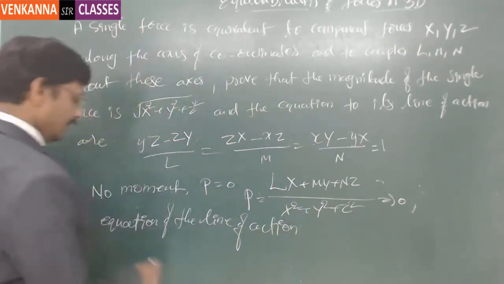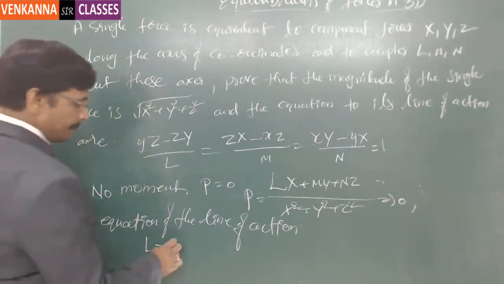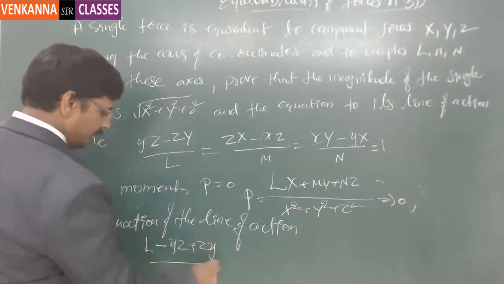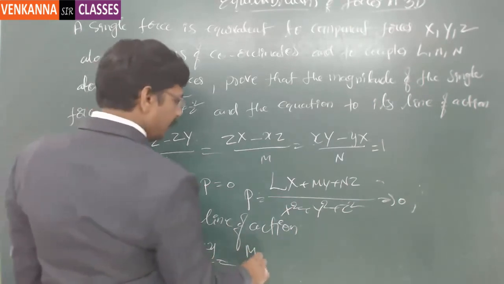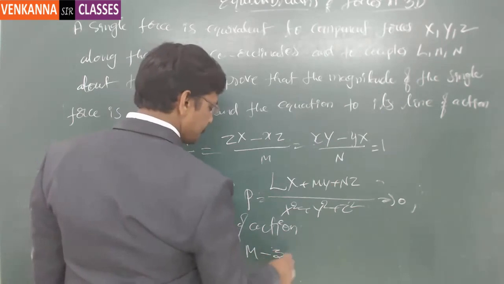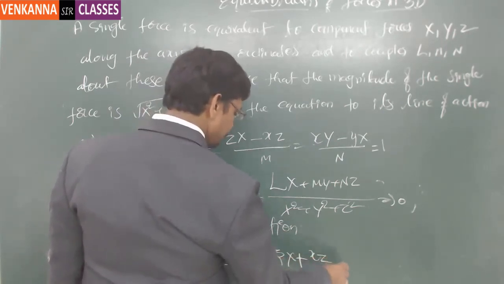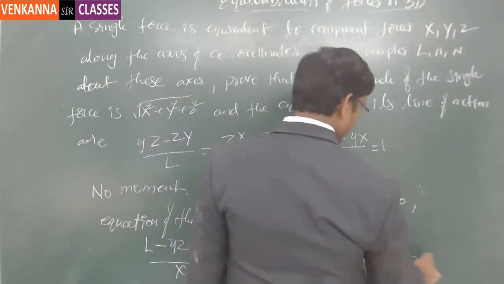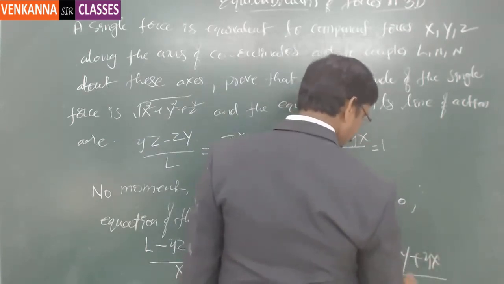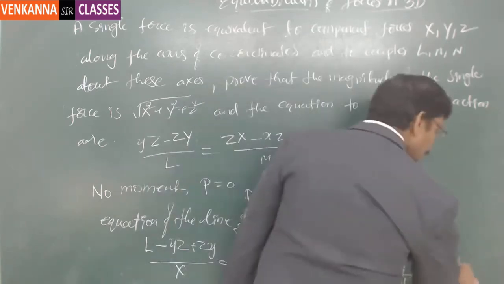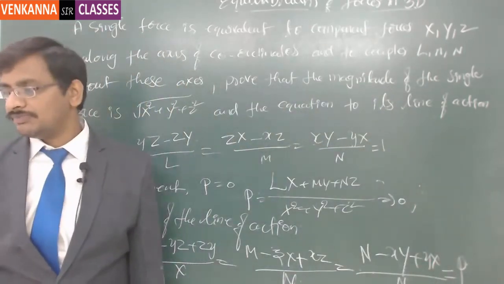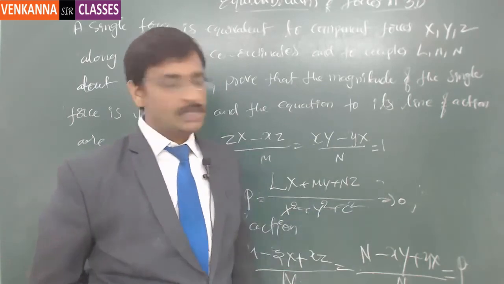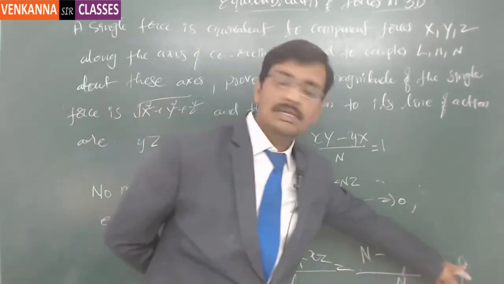That equation is (L minus (yZ minus zY)) divided by X is equal to (M minus (zX minus xZ)) divided by Y is equal to (N minus (xY minus yX)) divided by Z, and this value is equal to the P value, which is nothing but (LX plus MY plus NZ) over (X square plus Y square plus Z square). Now, if it results into a single force, then obviously the P value is going to be 0. So if P equals 0, then this is equal to 0.